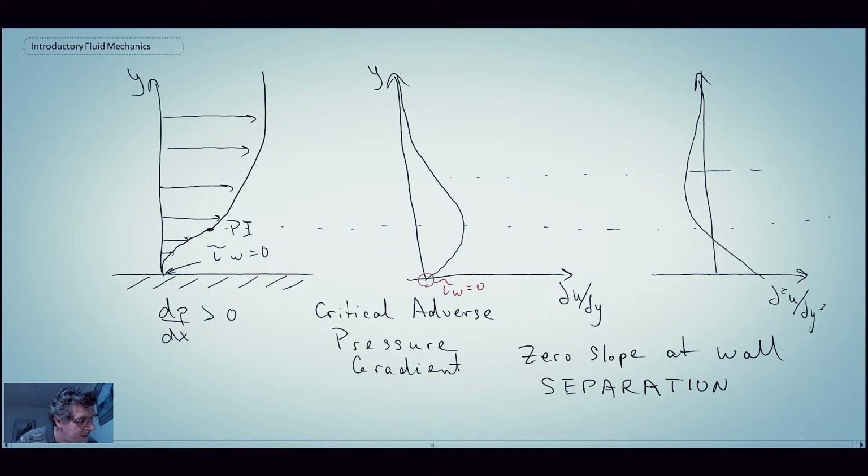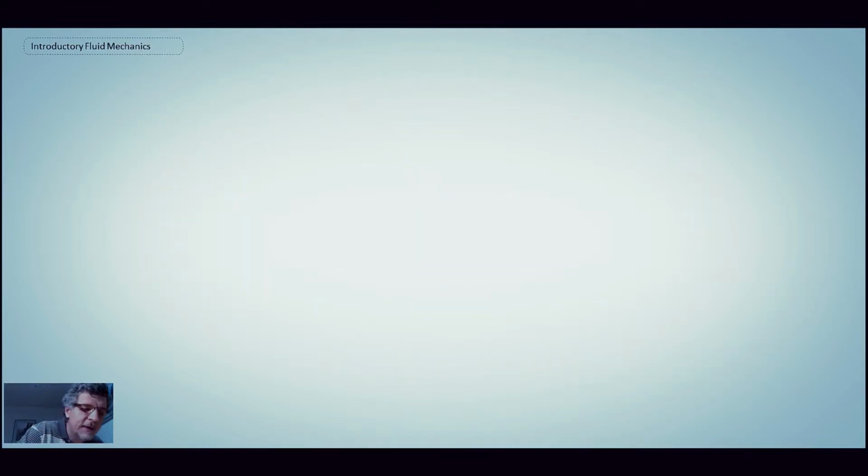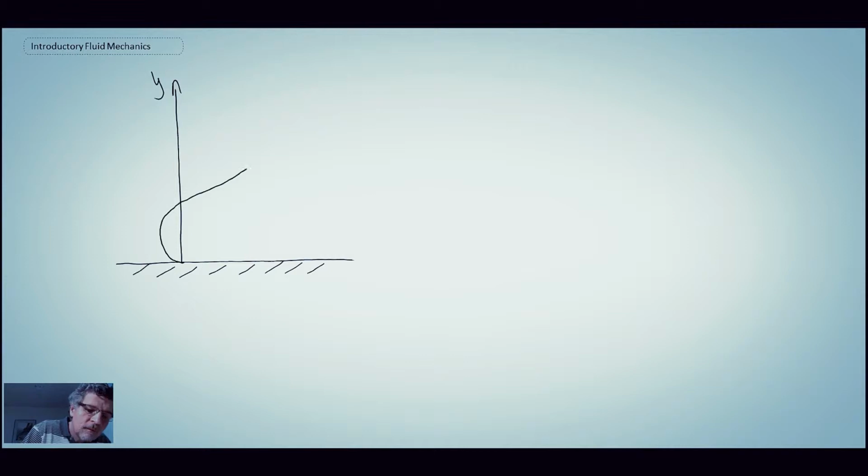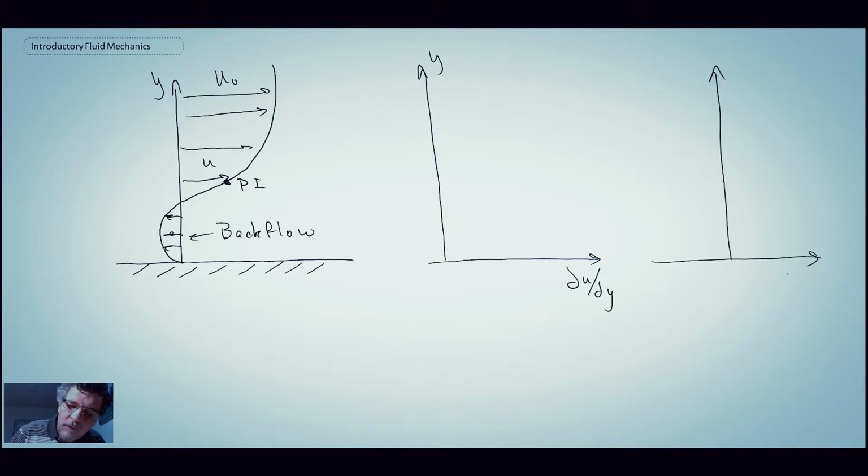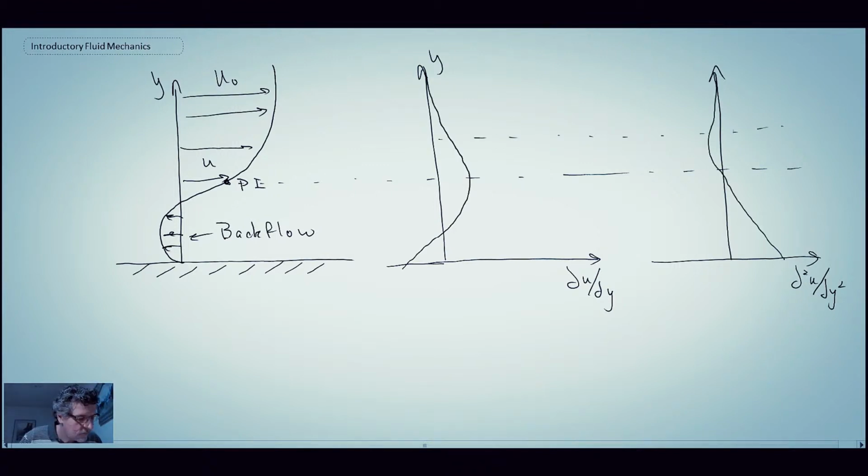Following on, let's take a look at an excessive adverse pressure gradient. That'll be the last case that we look at. So this is a case where dp by dx is greater than 0. It is an excessive adverse pressure gradient.